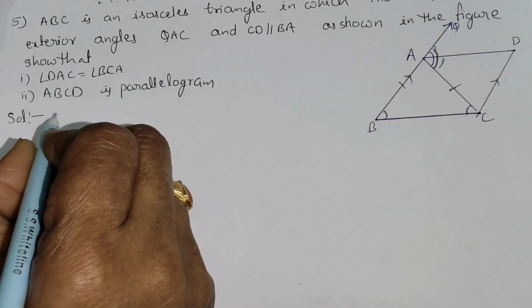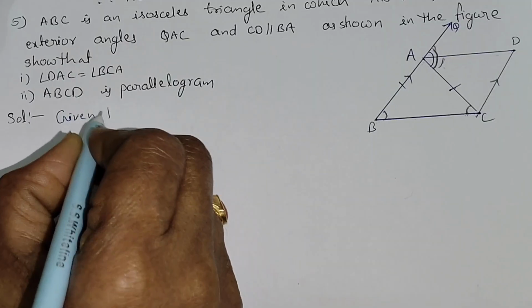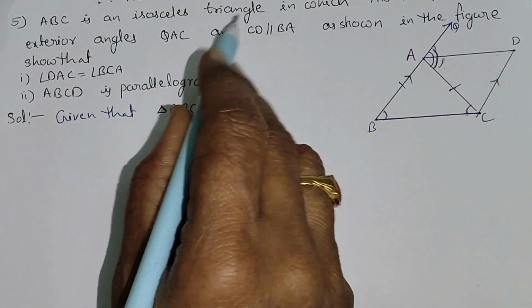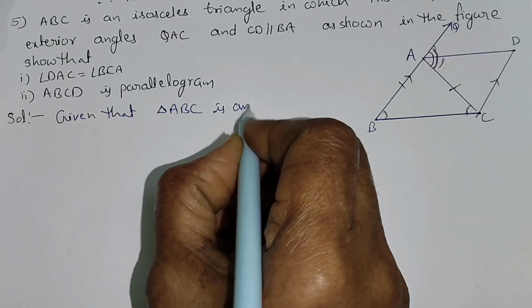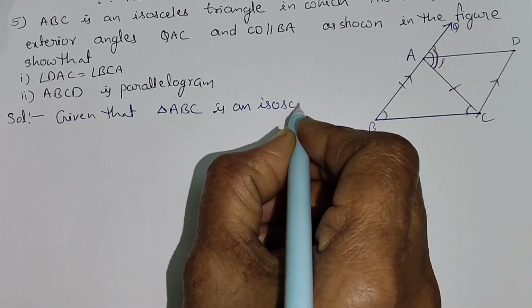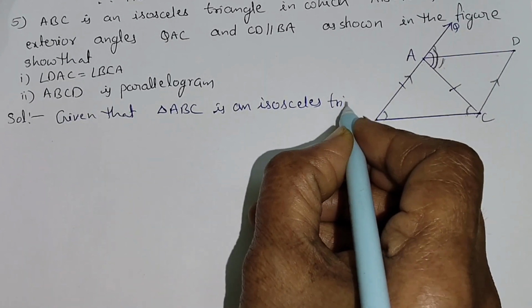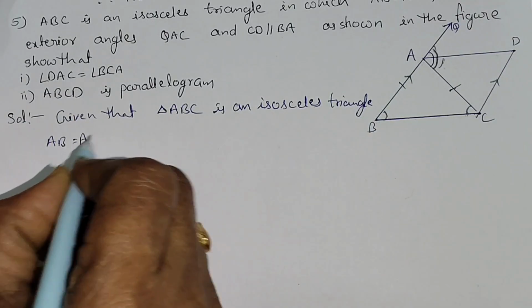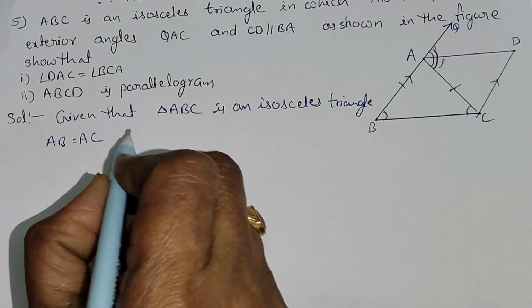First, we write the given data. Given that triangle ABC is an isosceles triangle, AB equals AC.